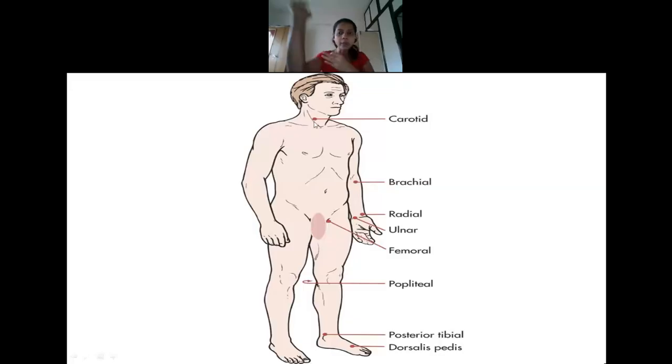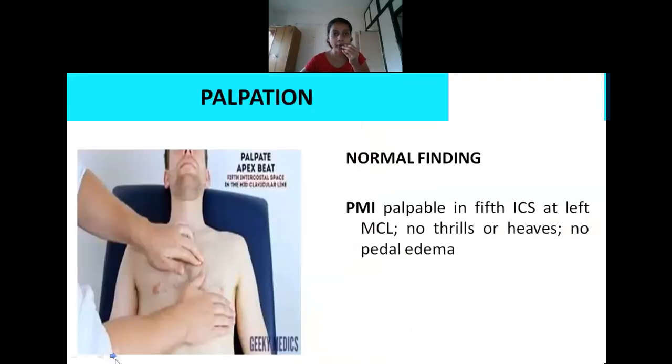Then brachial. You have got your radial as well as your ulnar. Then you have got your femoral in the thigh region, popliteal behind your knees. Then in your ankle region, you have got posterior tibial and dorsalis pedis. You should know this exactly. They will ask you to show and to name the site of pulse. So that is an important topic.